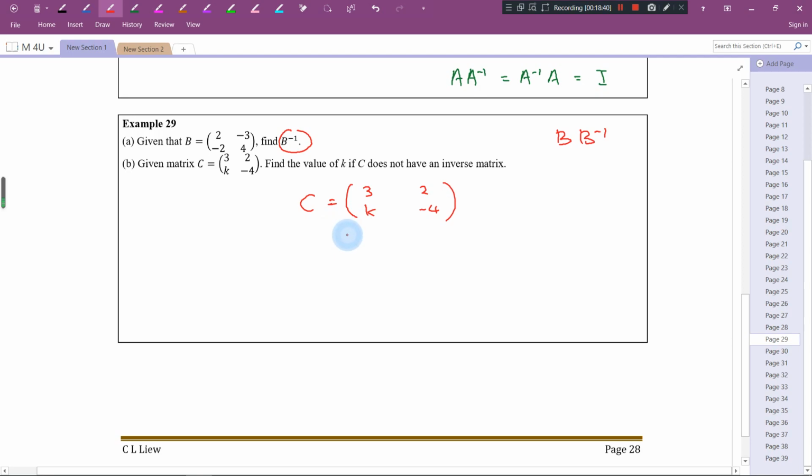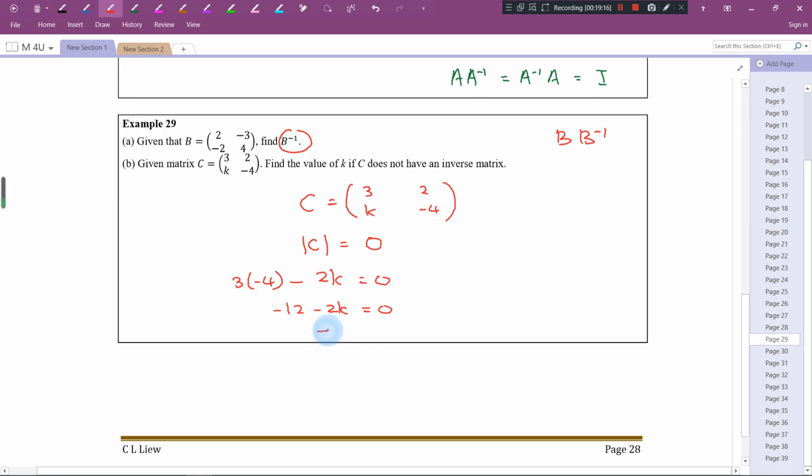If C does not have an inverse matrix, that means the determinant of C is equal to 0, right? How do we find the determinant? 3 times negative 4 minus 2 times K. We know this must be equal to 0 because the question tells us that this matrix C does not have an inverse matrix. 3 times negative 4, negative 12, minus 2K is equal to 0.